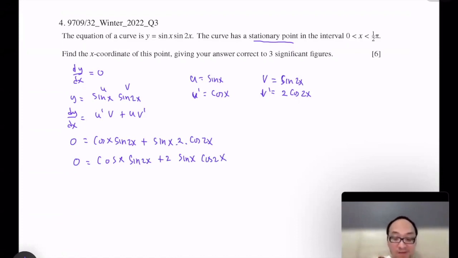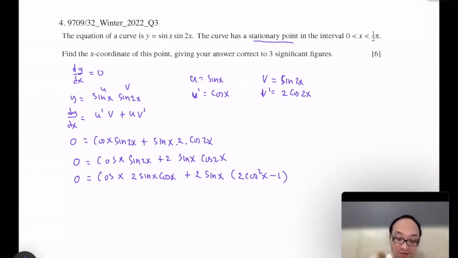Now, we have sin x, cos x, sin 2x, and cos 2x. So first, we have to change the double angle into the single angle. We can change sin 2x to 2 sin x cos x, plus 2 sin x, and then I want to make cos 2x as 2 cos squared x minus 1.